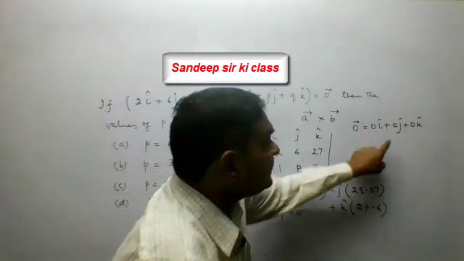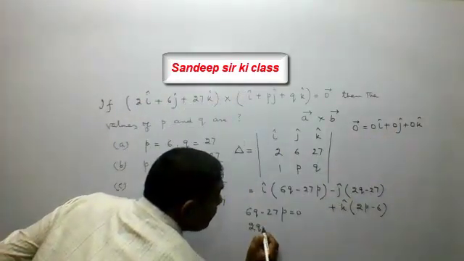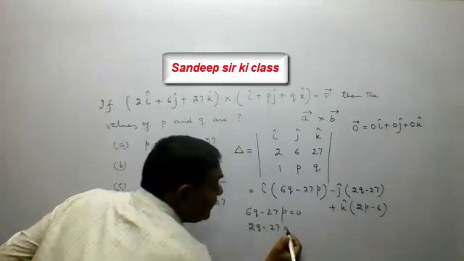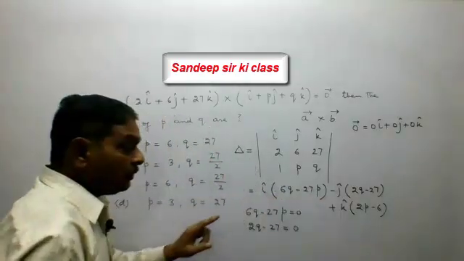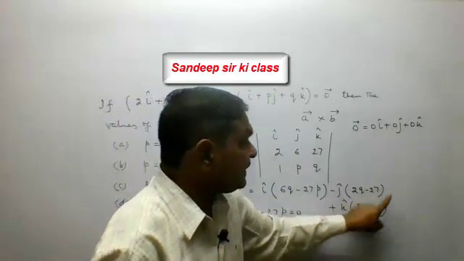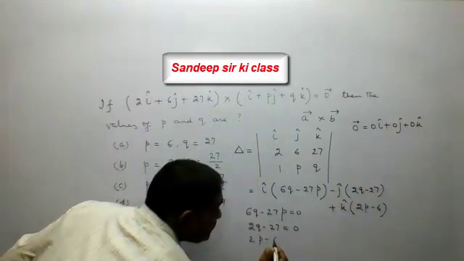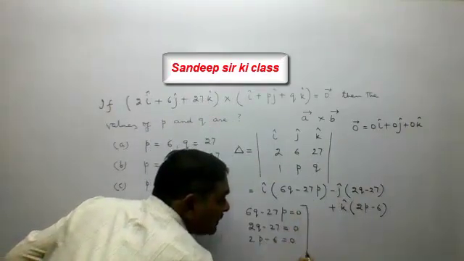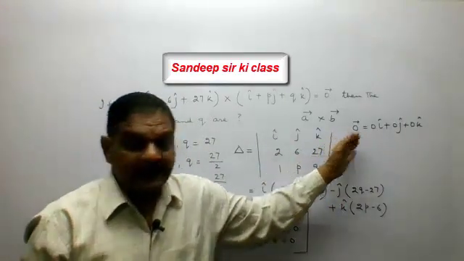2q minus 27 is equal to 0. This will be our second equation when we equate the coefficients of j. And 2p minus 6 is equal to 0. This we obtain when we equate the coefficients of vector k.